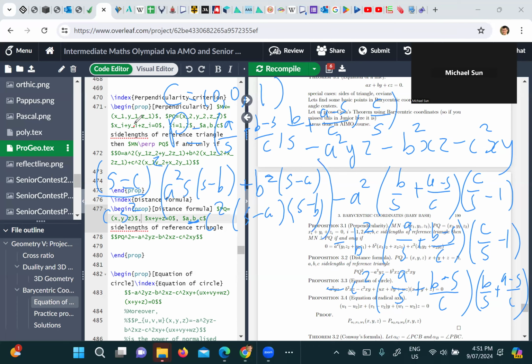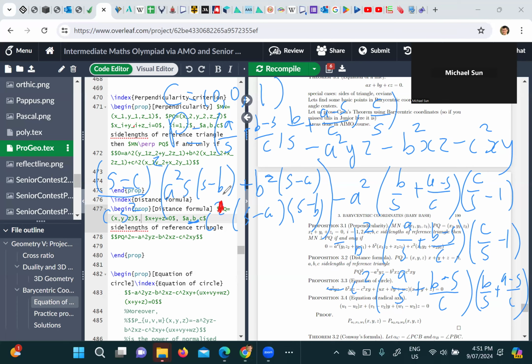Which one? The last one, the C squared. Oh wait, no, it should just be C, not C squared. Minus C, not minus C squared. Oh yeah, you're right.